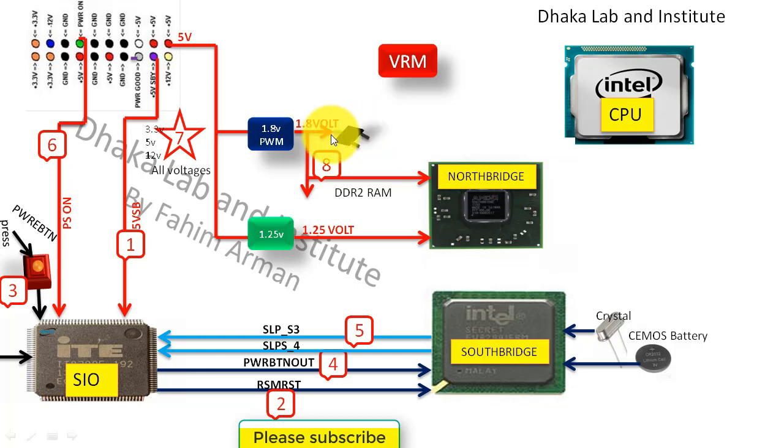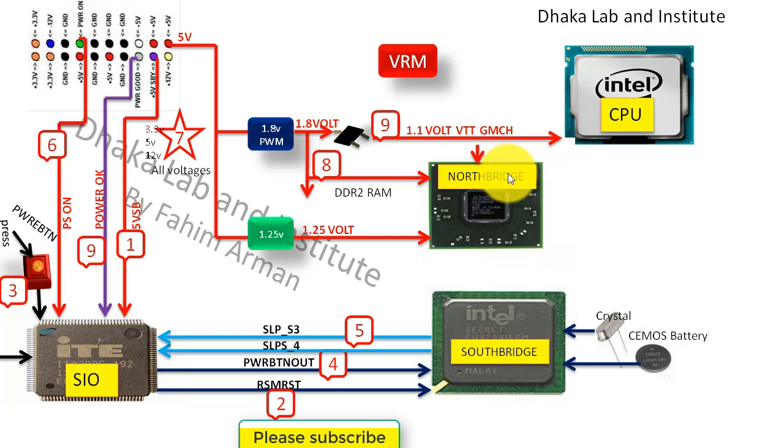Then we can see there is 1.8V from the RAM section that will enter a linear regulator, and it will convert 1.8V into 1.1V VTT. It will go to the North Bridge, and around 1.1V will go into the CPU too.